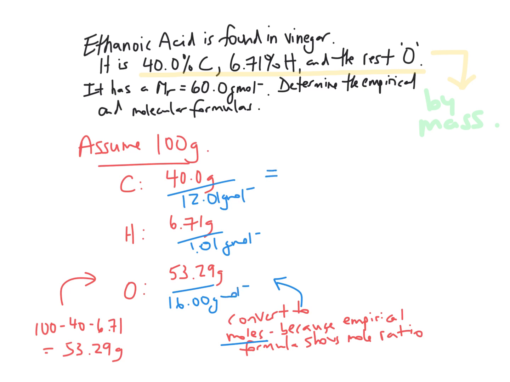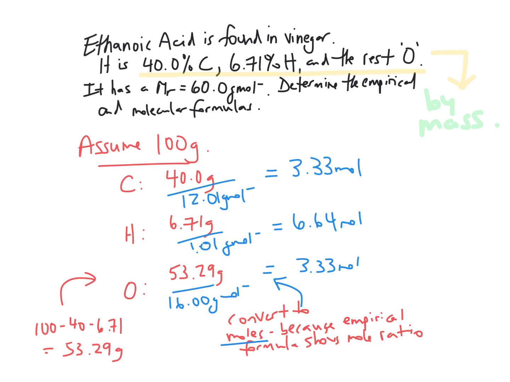Then you go ahead and crunch those numbers. You'll get 3.33 moles of carbon, around 6.64 moles of hydrogen, and also around 3.33 moles of oxygen.